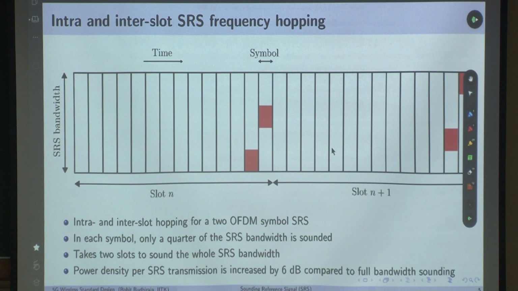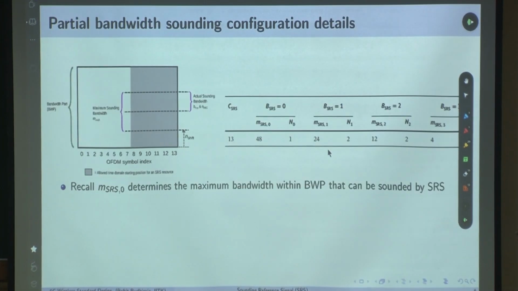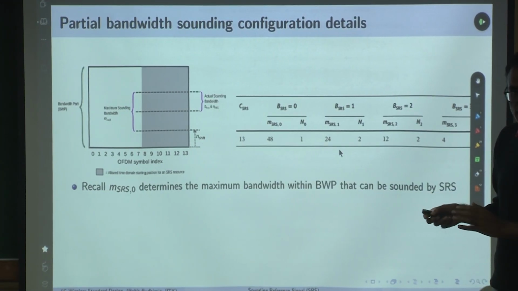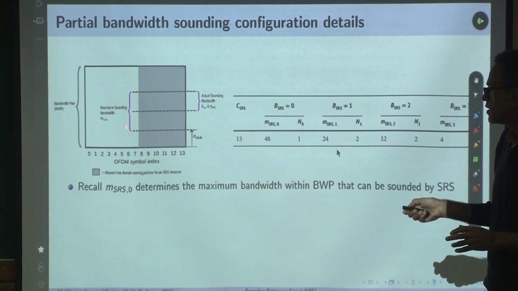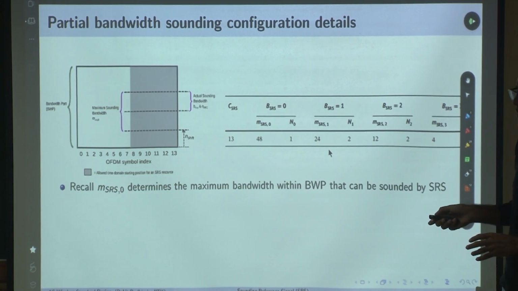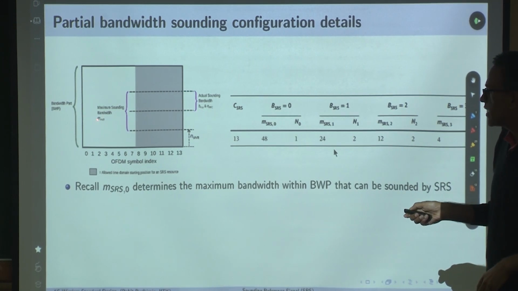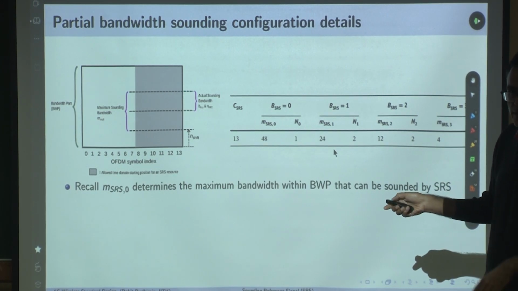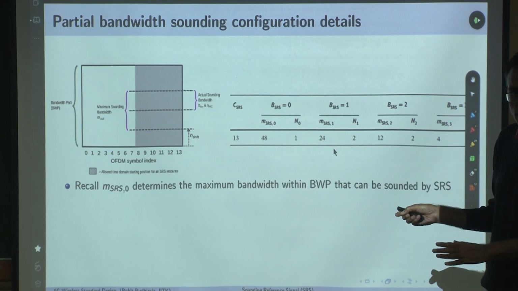So we come back to this figure again. We started with this figure, and we looked at only some of these parameters. This was MSRS 0, it has become smaller here, but this is MSRS 0.